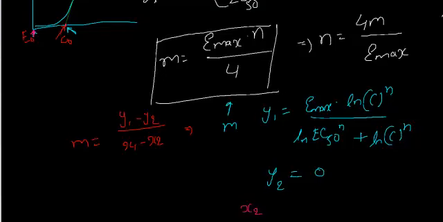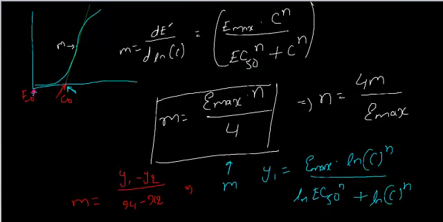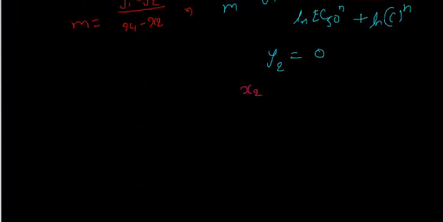And what is x2? We know that x1 is this point, so we're considering x1 has EC50 to the power of n. Since the concentration is the natural log, x1 is ln of EC50 to the power of n.